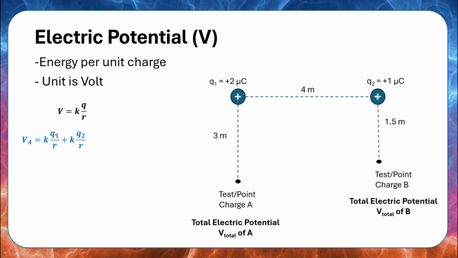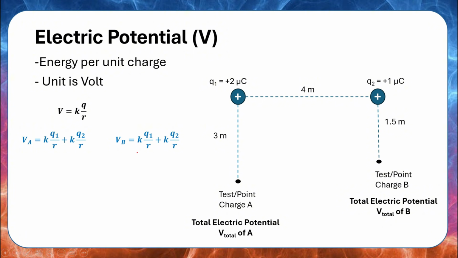Solve the electric potential felt by test charge A from Q1, and the electric potential felt by test charge A towards Q2, and once you're done solving them, add them up, and that's the answer for the electric potential of A. Since there are now two charges, you need to do that to get the actual total electric potential of test charge A.